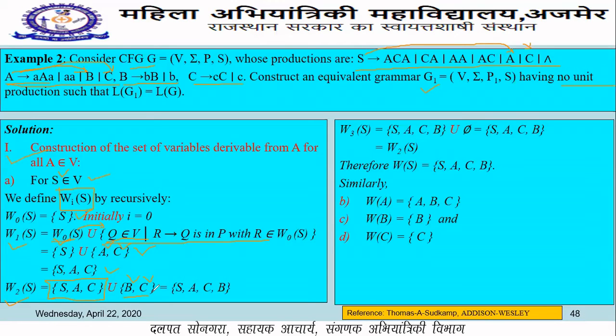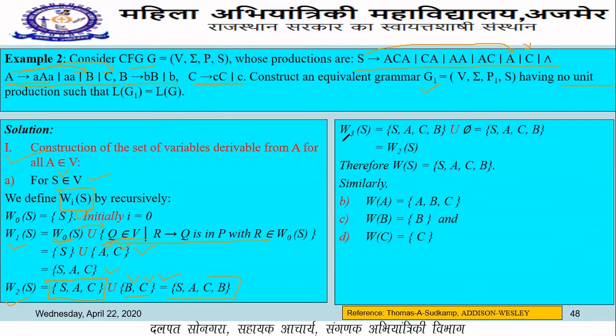C does not derive B, but B is derived by S and A. So B and C are included in this step. So finally, at iteration 2, for variable S, the set of derivable variables are S, A, C and B.